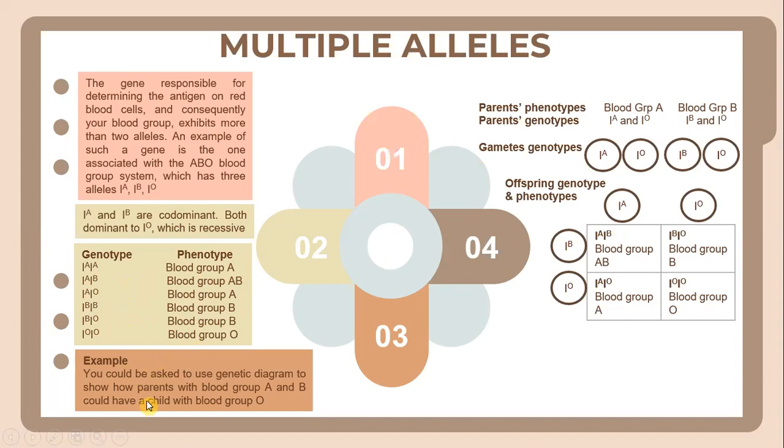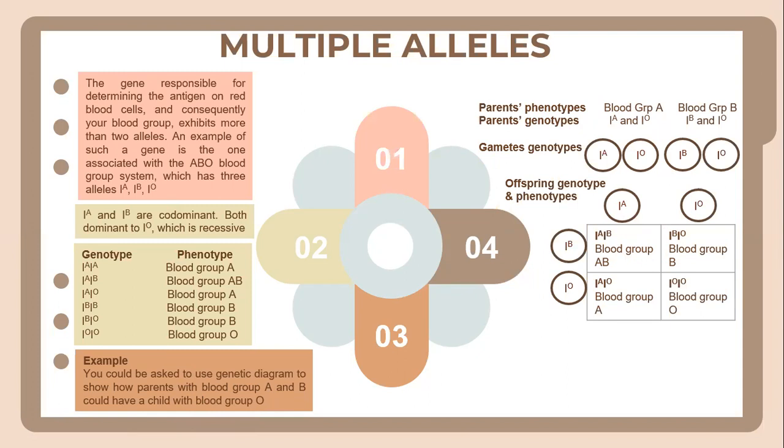For example, you could be asked to use a genetic diagram to show how parents with blood group A and B could have a child with blood group O. On the right-hand side is an example of how you establish the genetic diagram.